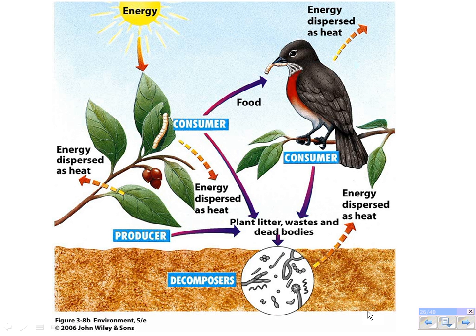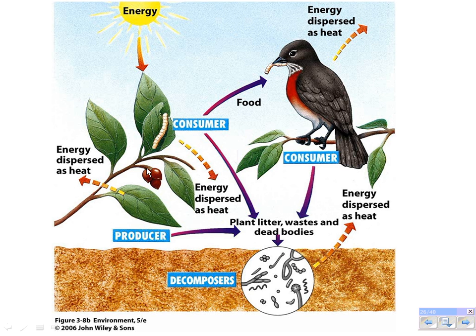So again, number 1 says know the source of the energy on Earth. You need to know that the sun is the main source of energy on Earth. Our sun is going to give us radiant energy. In the process of photosynthesis, carried out by green plants and algae, that radiant energy is converted into chemical energy.